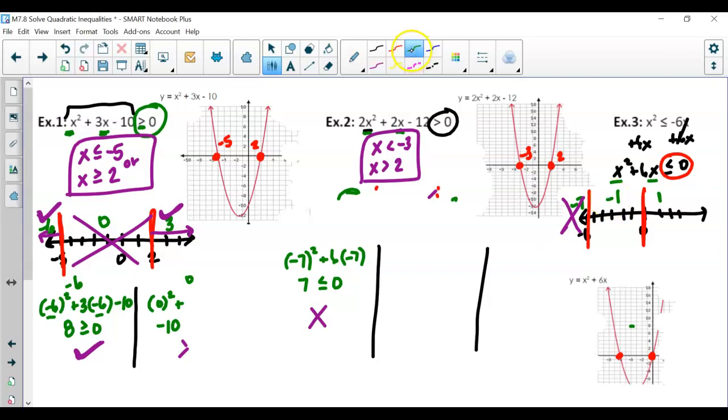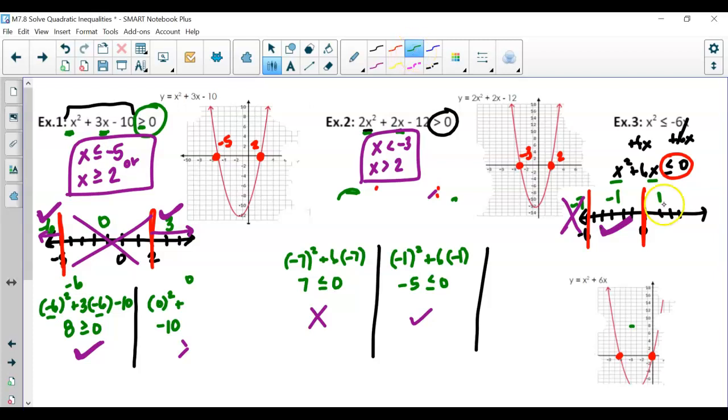So now let's check negative 1. Negative 1 squared plus 6 times negative 1. When you simplify, you get negative 5. Is negative 5 less than or equal to 0? Yes, it is. So now this section here, this is a solution set.